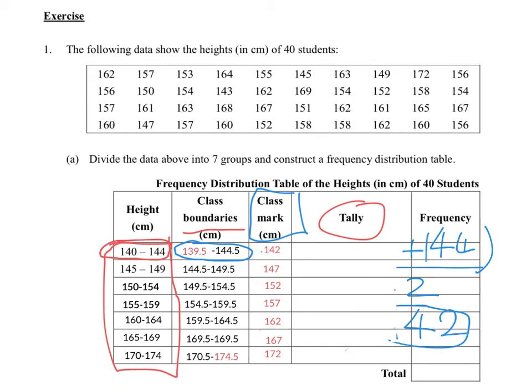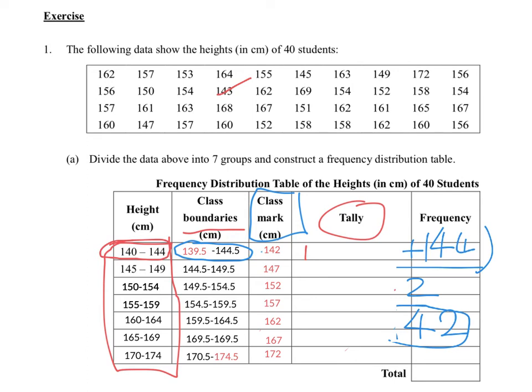The first data should be 143. So we cross it. And please remember, crossing the data you have counted is really important. So this is the first one, so we put 1 in the tally. It seems that there is only 1.